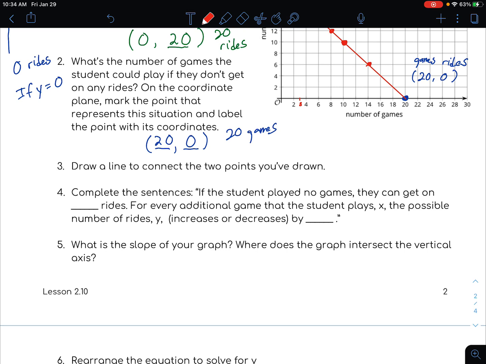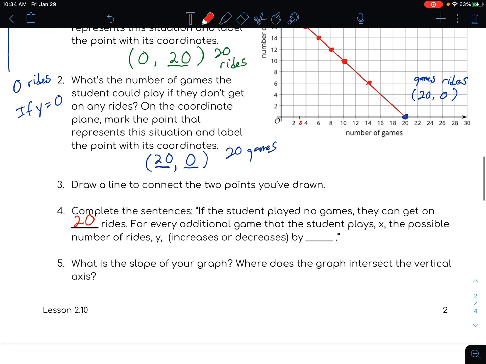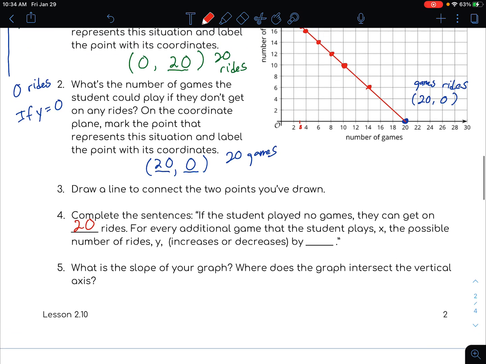Complete the sentences. If the student played no games, then they can get on 20 rides. And for every additional game that the student plays, X, the possible number of rides increases or decreases by blank. Notice our line is decreasing.